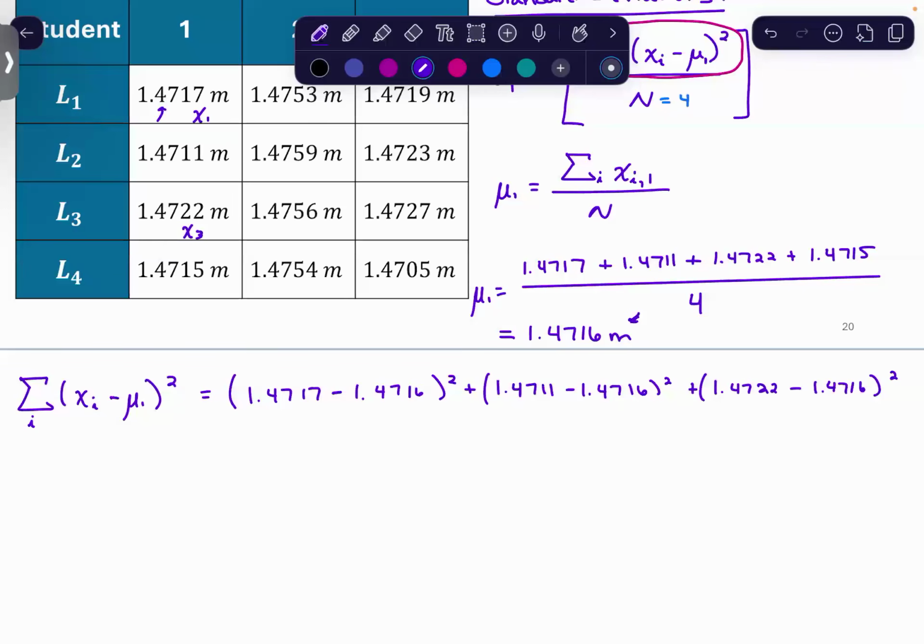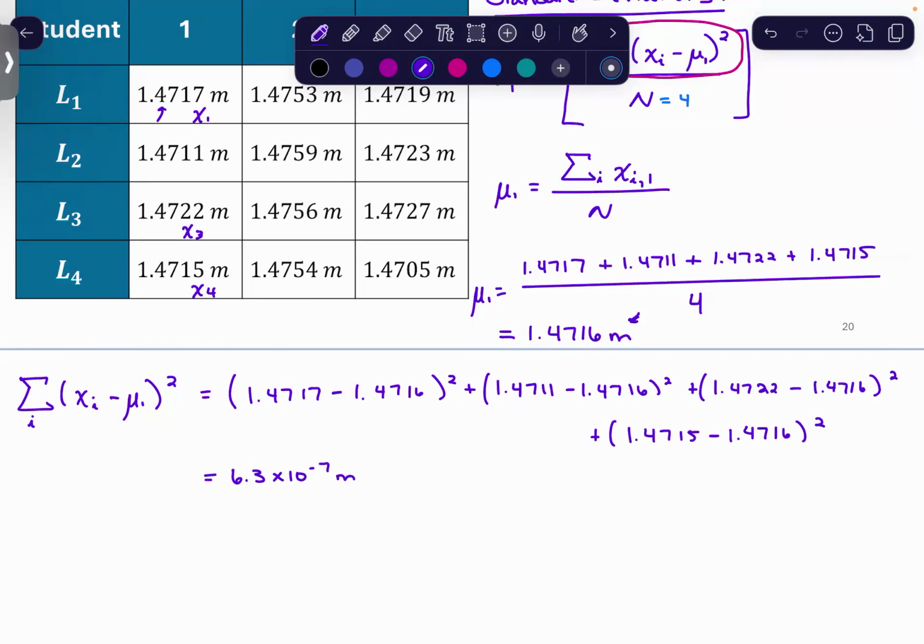And then my fourth value, x4, 1.4715 minus 1.4716 squared. And when I use my calculator and get all this added up, this is going to give me 6.3 times 10 to the negative 7th meters.